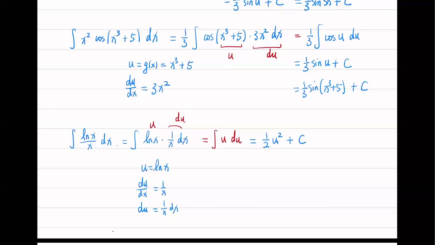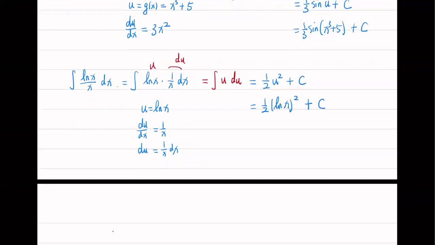And Sophia, if we switch back to x, what do we get? 1 half ln x squared plus c. Okay, now you can see we find something very interesting. The derivative of this is logarithm x over x. Highly non-trivial.